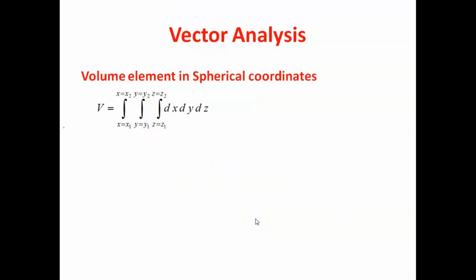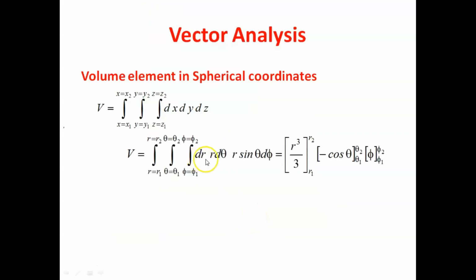The volume in the spherical coordinate system can be found in a similar fashion: dr times r d theta times r sin theta d phi, where the variations over the respective variables are duly considered. The integration of r squared dr will be r cubed upon 3. The integration of sin theta d theta is minus cos theta, and the integration of d phi is simply phi.